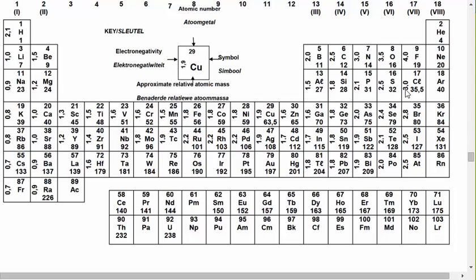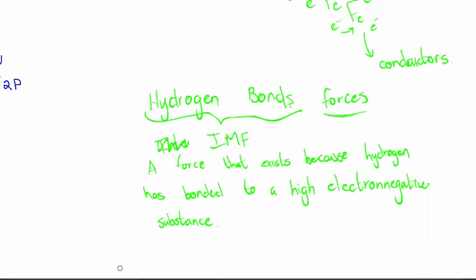Now, one application why I said it's important to mention here is when we get to organic chemistry and we get to properties, what forces exist in alcohols? Remember, an alcohol has an OH in it. That is a hydrogen bonded to a highly electronegative element. So alcohol has hydrogen bond forces. You get that? Aldehydes as well. I think it was aldehydes, I can't remember the other one.